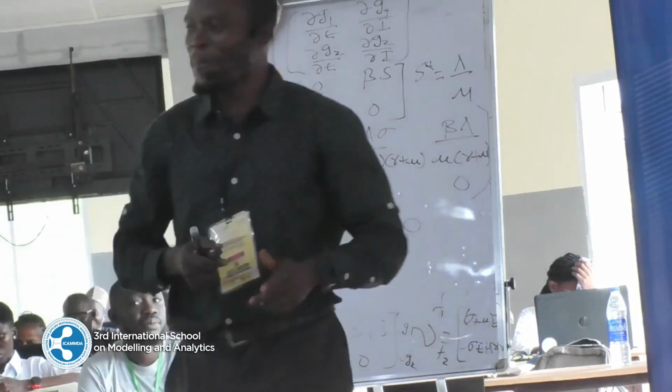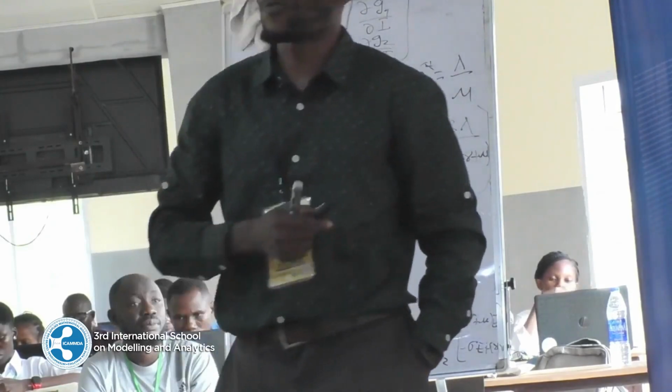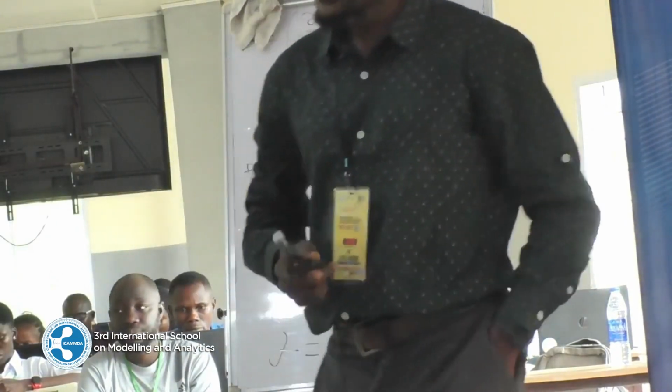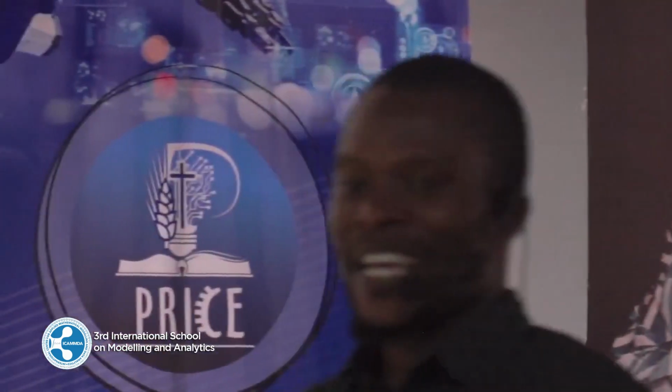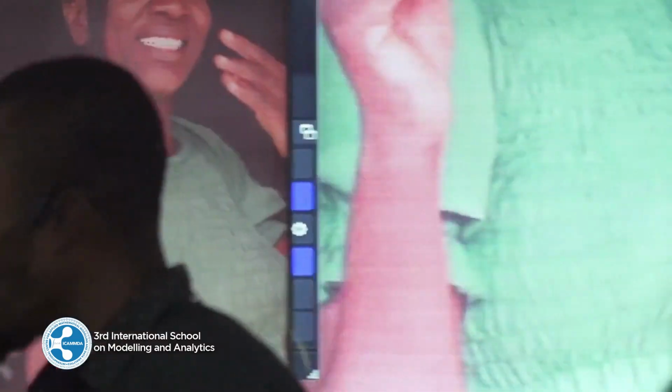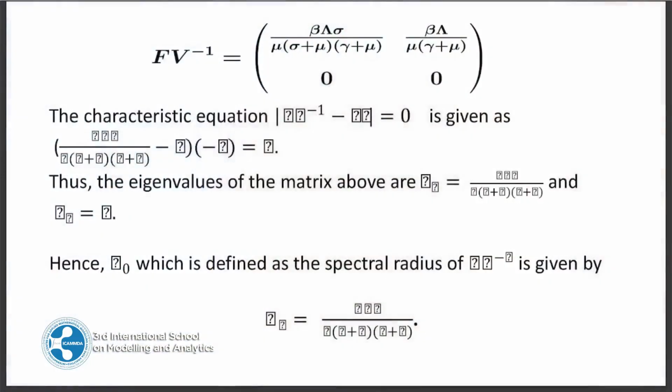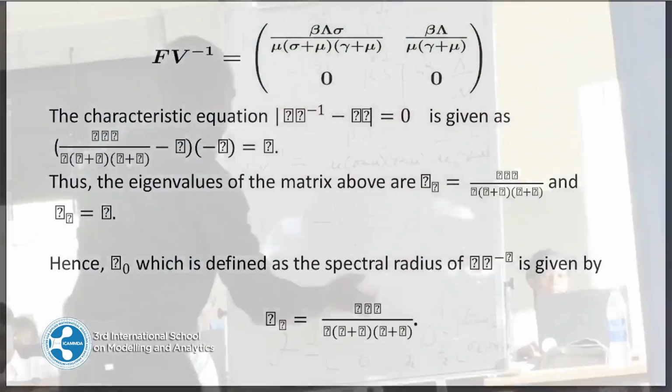So how many eigenvalues am I expected to get? 2. If I get 2, I'm able to identify the one that is bigger than the other, then I can settle for that eigenvalue as the dominant eigenvalue, which corresponds to the reproduction number. Okay, let's do that together.